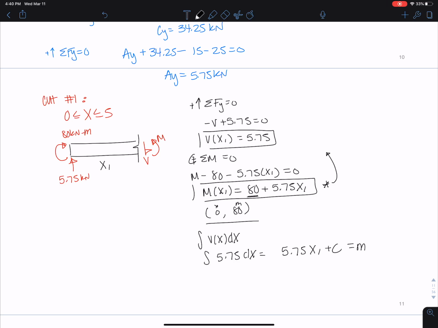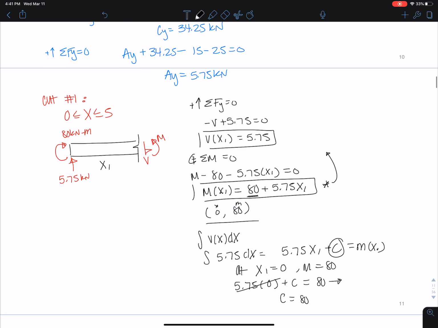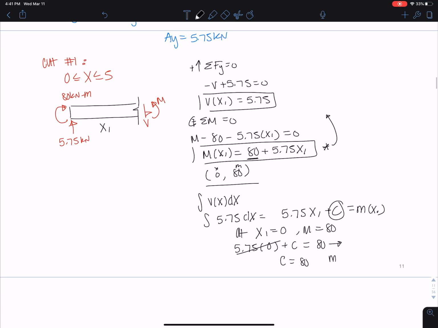This is my moment function, right? Now I need to say, well, what is an initial condition I can use to solve for this? Well, I know that at x1 equals 0, my M is 80. And you can see here, if I plug this in, 5.75 times 0 plus C equals 80, I end up getting C is 80, and I get this function, M of x1 equals 5.75 x1 plus 80.